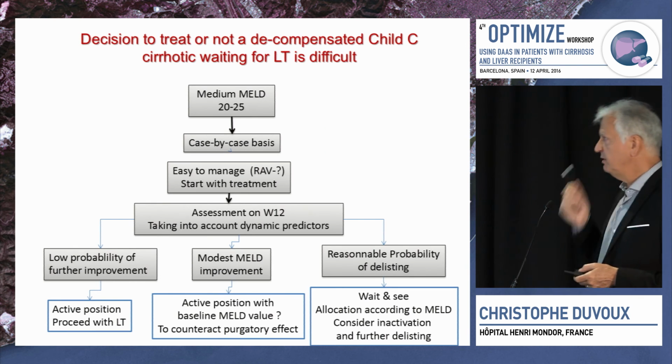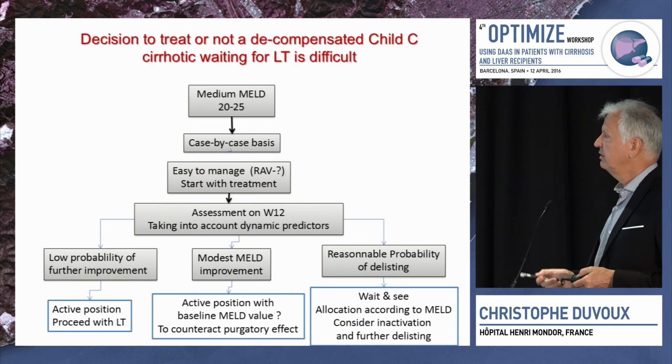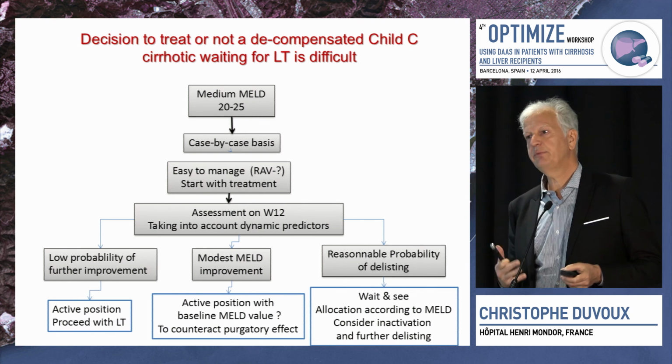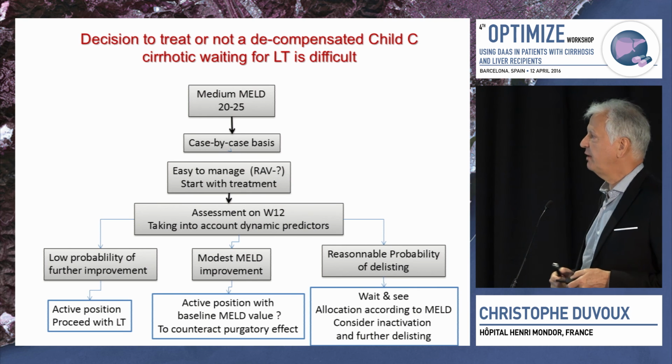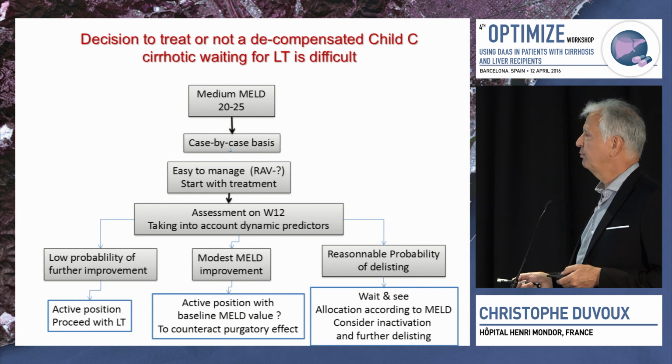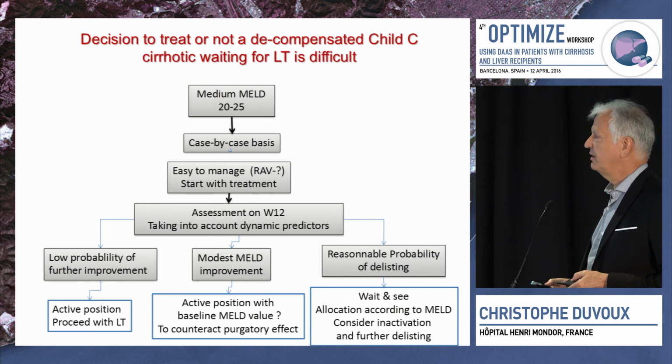For patients with medium MELD score, which was the situation of our patient, we suggest to discuss the option on a case-by-case basis, taking into account how easy the patient is to treat, for instance, how easily we can use ribavirin or not, and to start treatment if the patient is considered easy to manage.